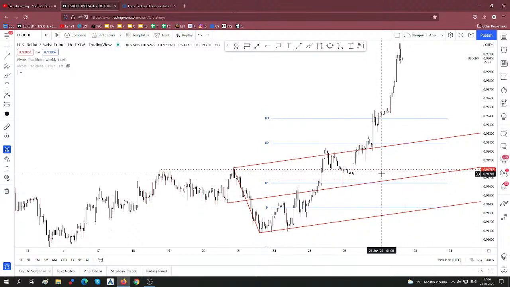Technically, US 100, I will take a look at US equities right after I finish here with the US dollar versus the Swiss franc. So yesterday, I wanted to go long here, maybe above this high, but only because we had the FOMC, the Federal Reserve, and also the BOC. Anything could happen around the FOMC.